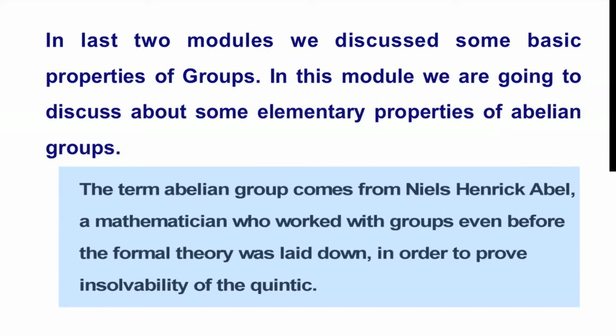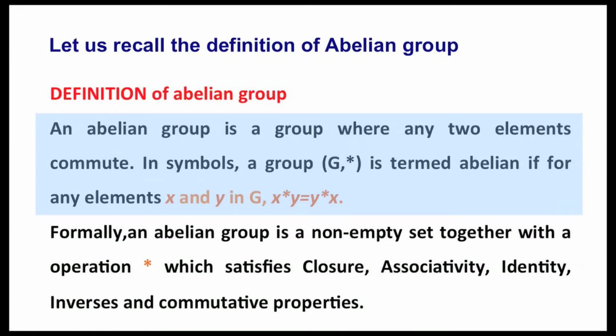theory was laid down, in order to prove the insolvability of the quintic. Let us recall the definition of an abelian group. An abelian group is a group in which any two elements commute.